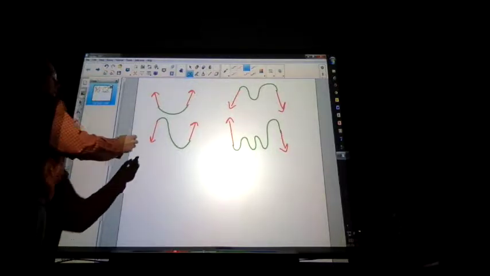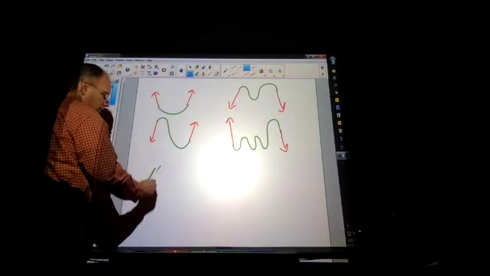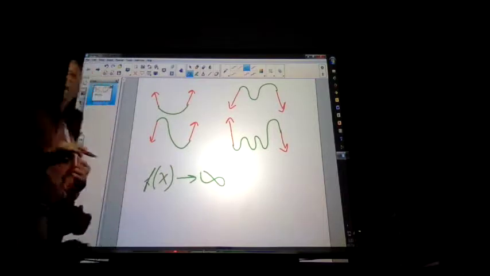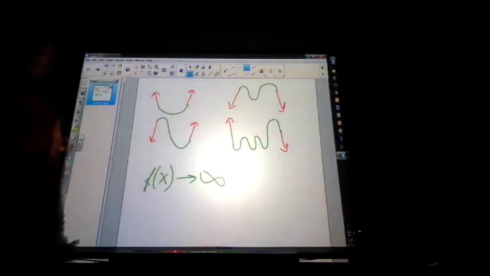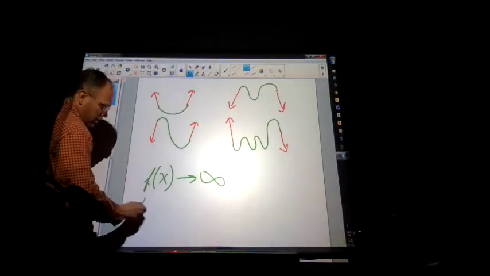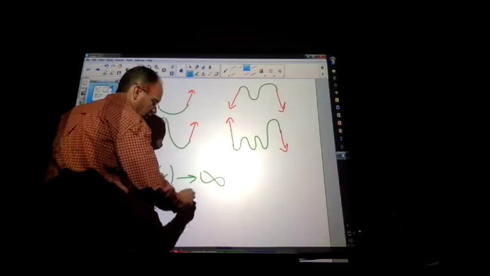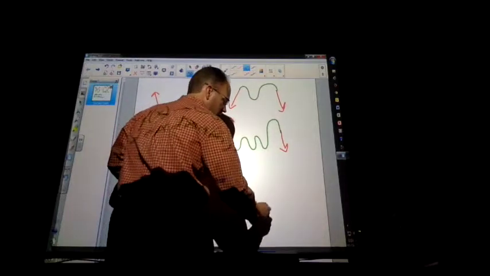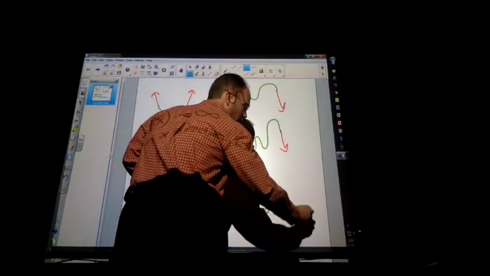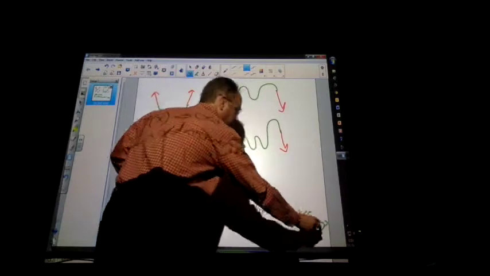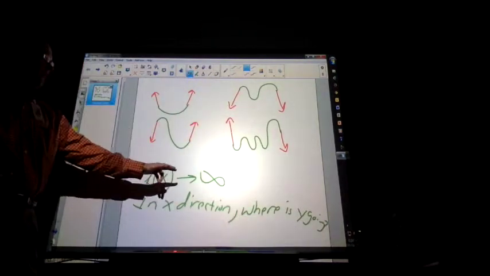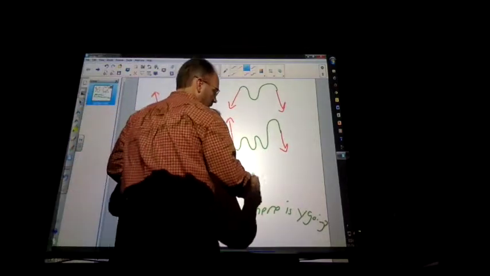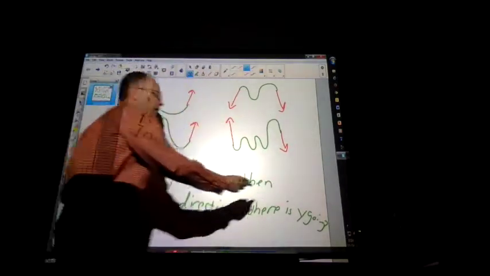So how you would label each of these is you would say a function of x as we approach infinity, which means in the x direction, where is y going? So as function of x approaches infinity, then where is the graph going to end?